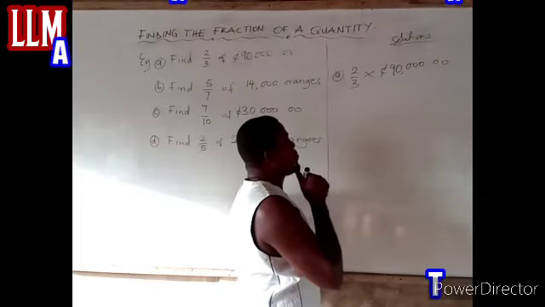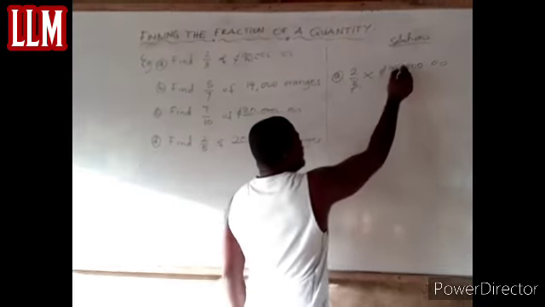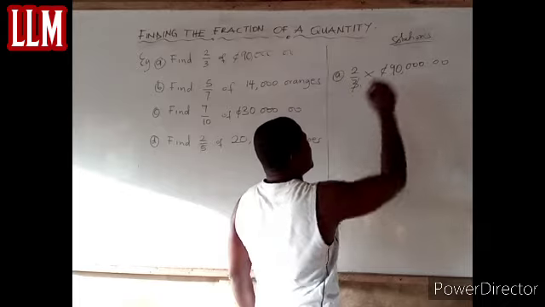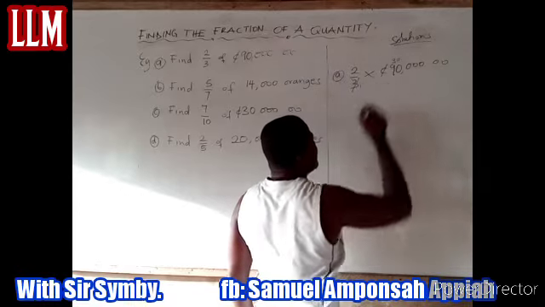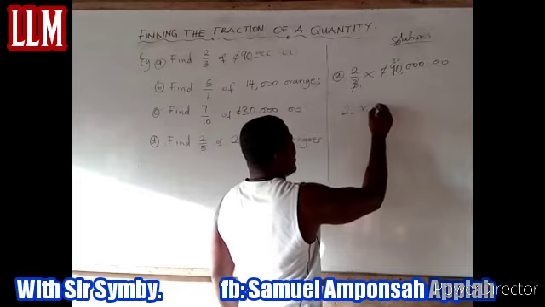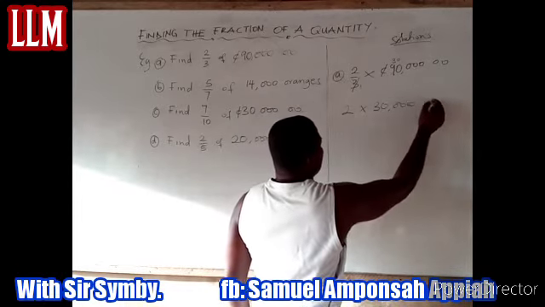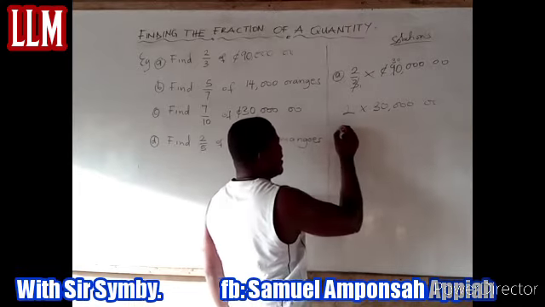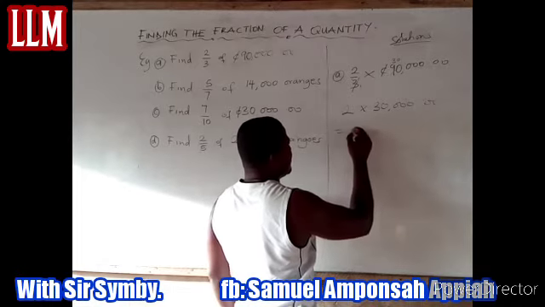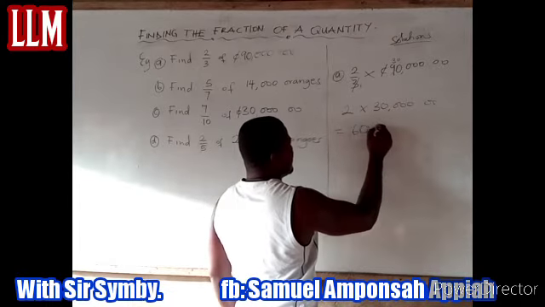Now, it's very simple, as I said. 3 goes into itself 1, 3 goes into 90 how many times? 30 times. And therefore, we are going to multiply 2 by 30,000. And our answer is 60,000 cedis.